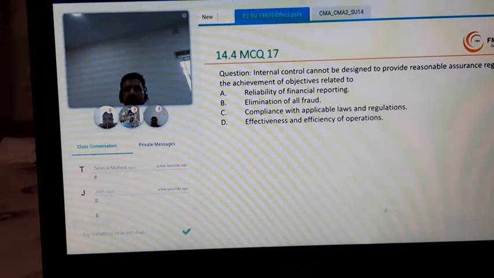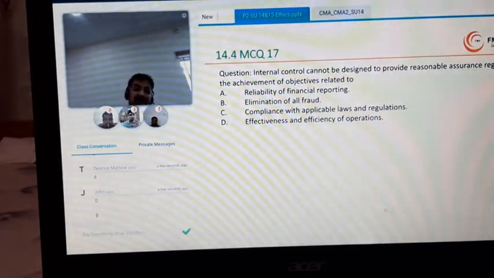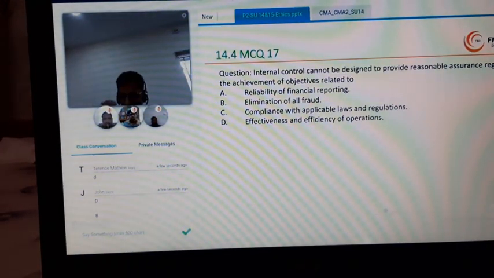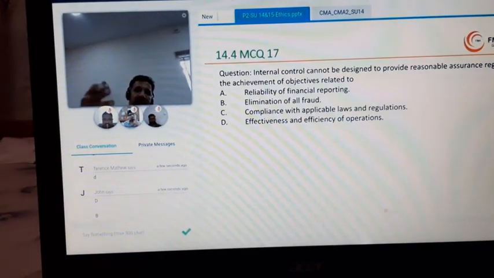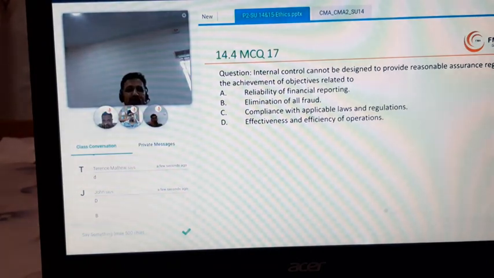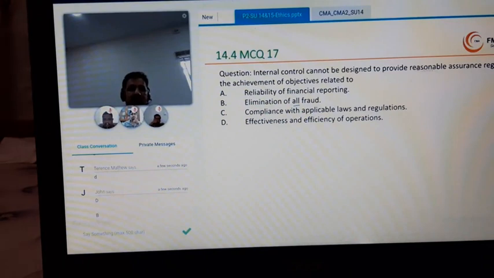They want to communicate that it is not possible to eliminate all fraud. Don't expect us to do it. We may be giving consultancy, but elimination of all fraud is not even in our objective.